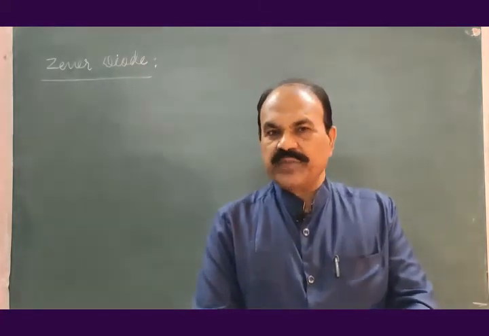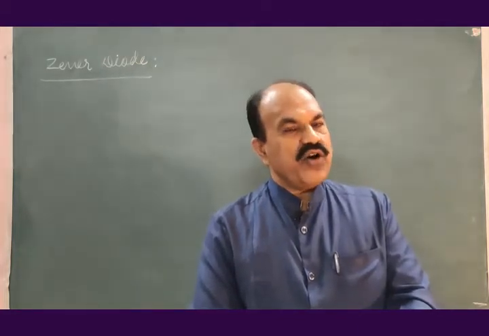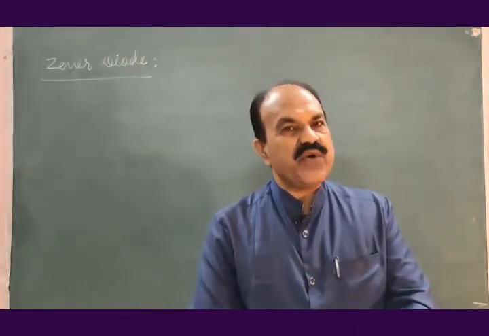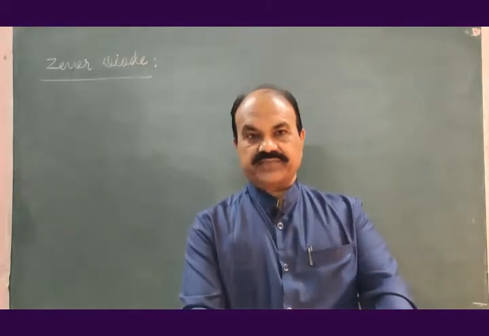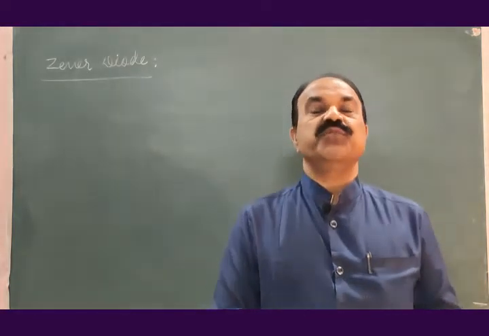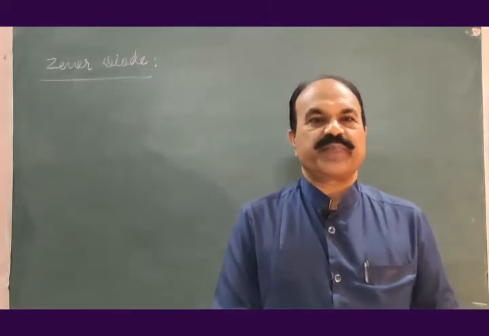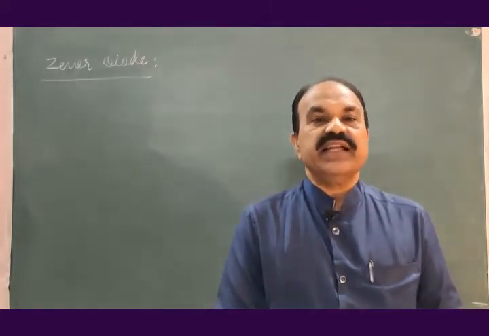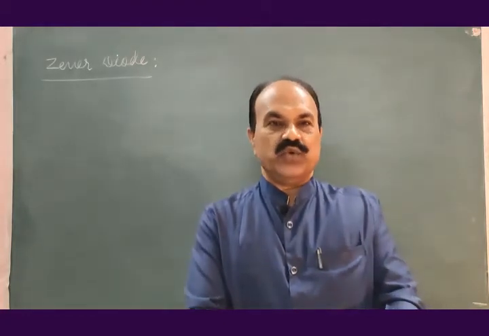The proportion of addition of impurity atoms for ordinary PN junction diode is 1 part in 10 to the power 8 parts. In case of Zener diode, this is not the proportion. The proportion is much more than this, and therefore its depletion region is very narrow.